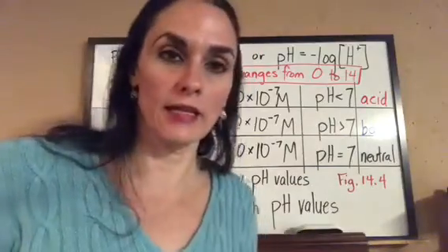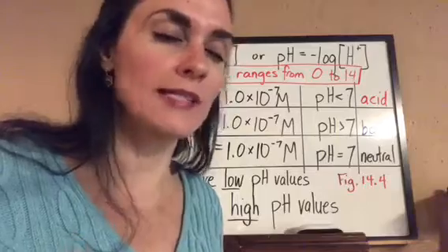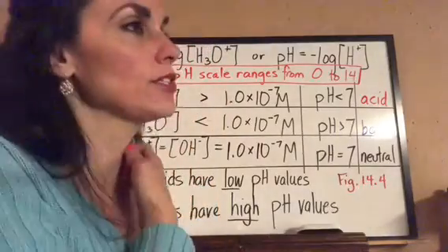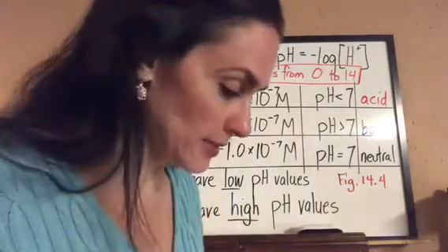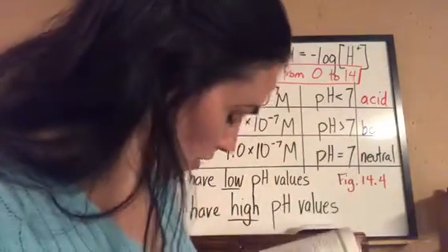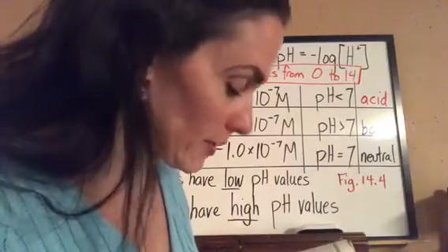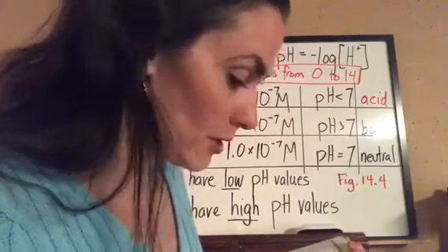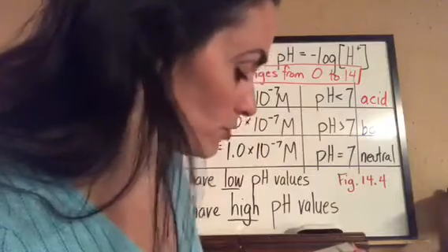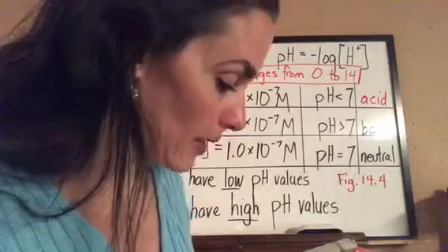Remember, we said that a lot of your foods are acids. So if we look at the pHs of those foods, we can see that they are definitely below 7. So you can look at figure 14.4 here, and you see lemon juice, vinegar, carbonated beverage, oranges, apple juice, tomato, okay, all in the range of 4 and below.